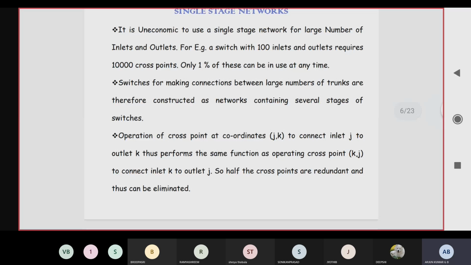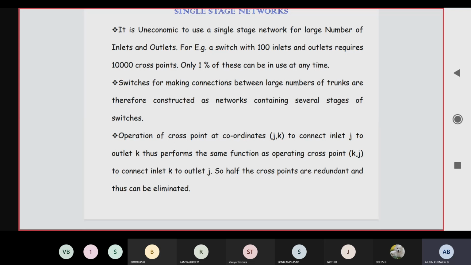Then the remaining 99% of crosspoints will be wasted, they are not used. Because we have only 100 inlets, but we get 10,000 crosspoints by using this crossbar matrix. We are using only 1% of the crosspoints at any time. That's why it is uneconomic.